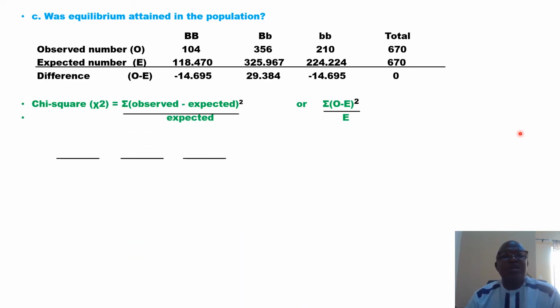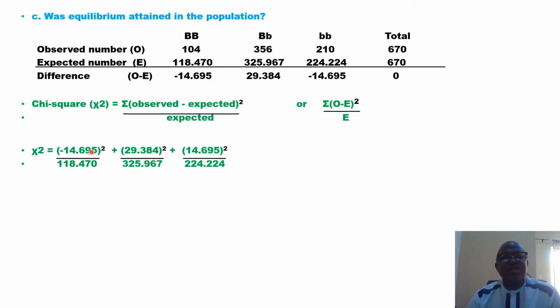So the next step is for us to calculate the chi-square using these values, and the formula is the sum of the observed minus expected, squared, divided by the expected, which we have abbreviated to this. Sum of observed, represented by O, minus expected, represented by E, squared, divided by E. So when we take that into the formula, we'll have the sum of this for BB, which is this, because this is exactly this minus that, squared.